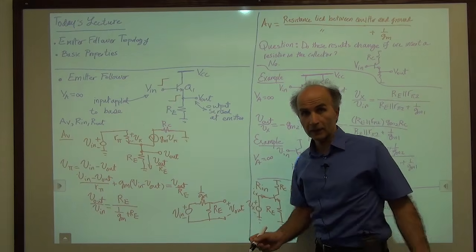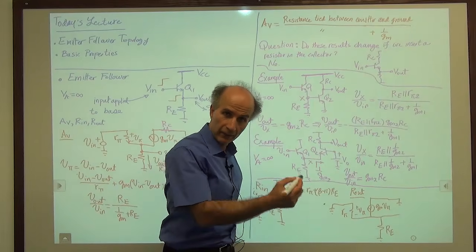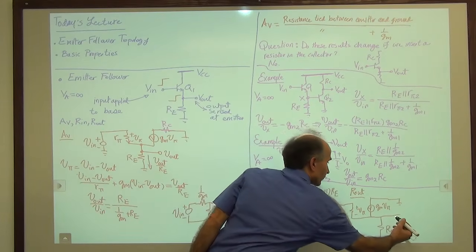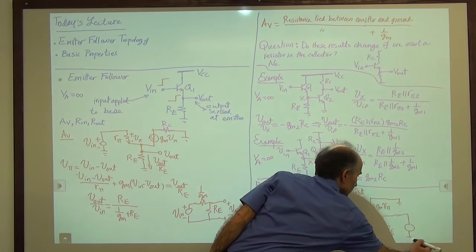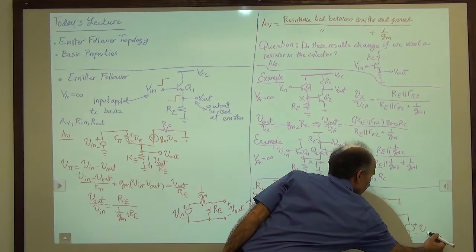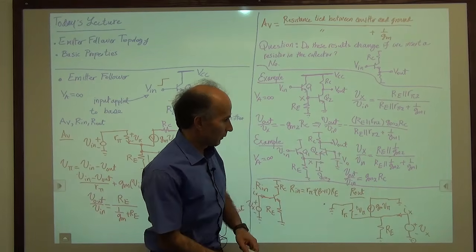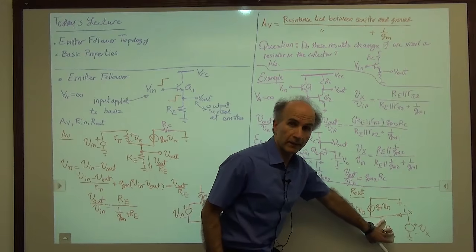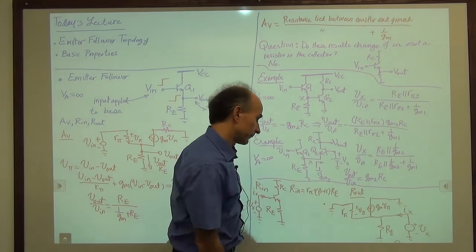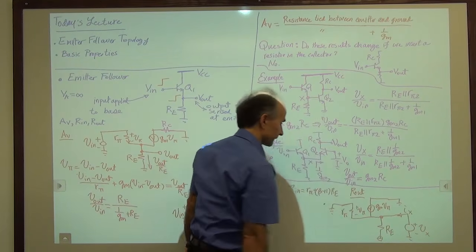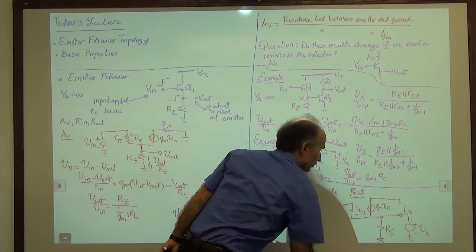So far I haven't done anything illegal. And now I go ahead and apply Vx and measure Ix. So I have to apply Vx here and measure Ix here. We said we put the whole circuit in a black box, and we go to the port of interest, we apply voltage, measure the current. All right, no problem. So that's what we have. And remember that RE is connected to ground.